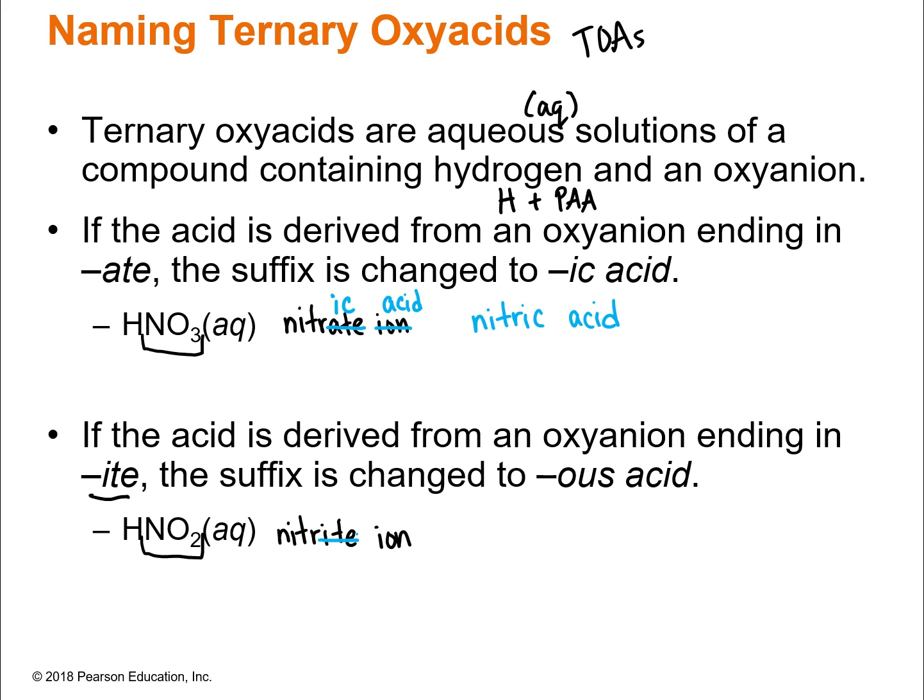We get rid of the ITE and replace it with OUS. Replace the word ion with acid. And you get nitrous acid. Were those examples clear? ATE versus ITE.